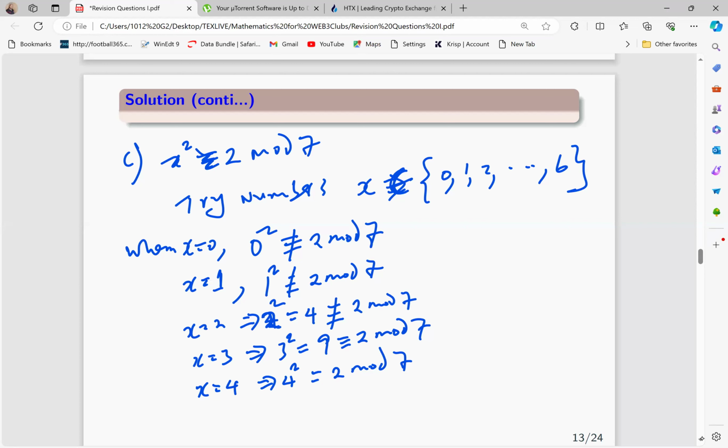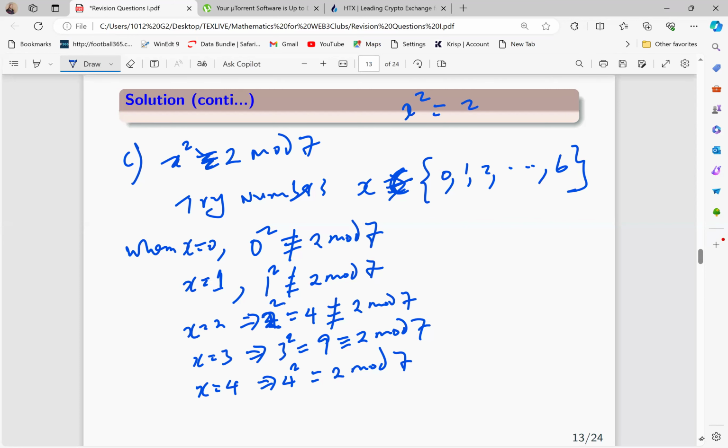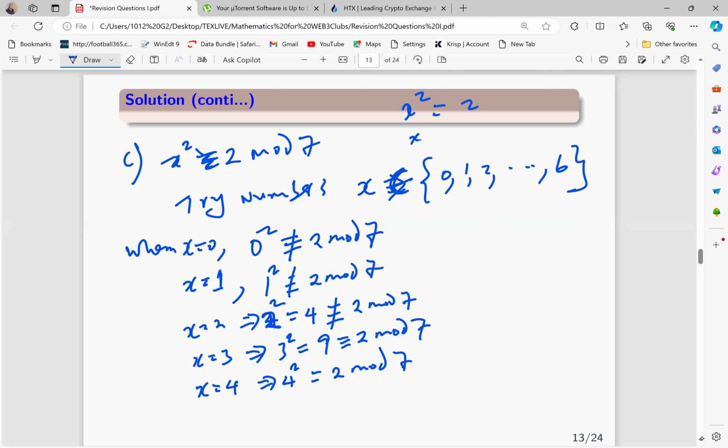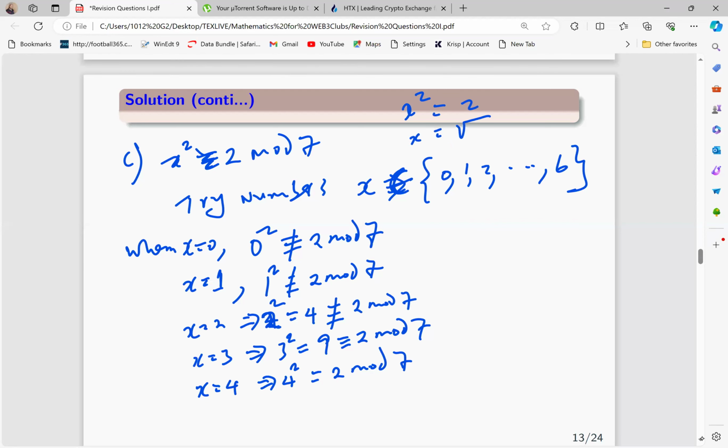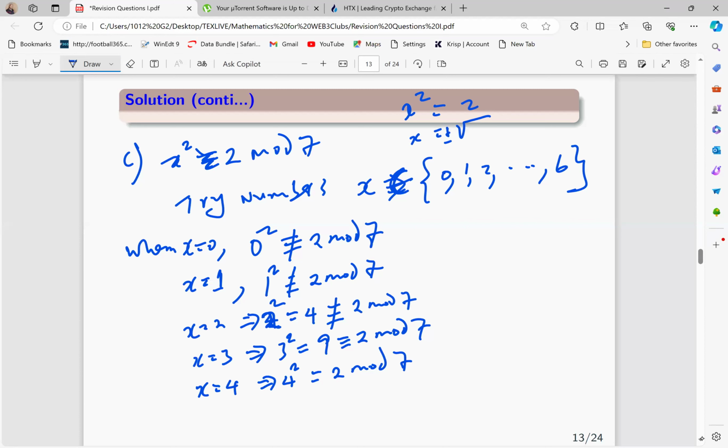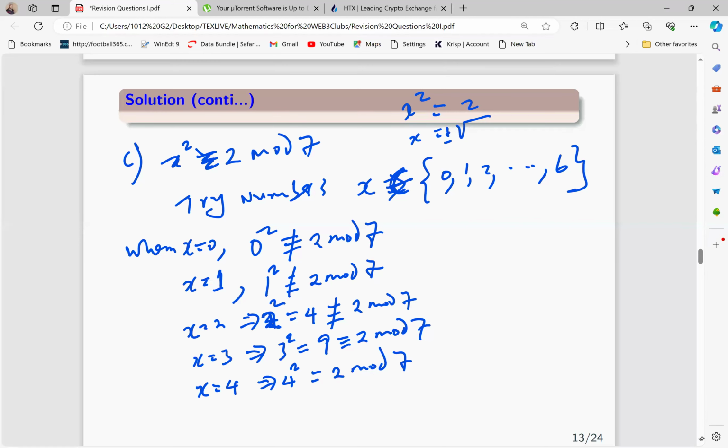Because this is x squared, equal to 2, to get x we take the square root on both sides, and the square root gives you 2 solutions, plus and minus. So these are our 2 solutions. But you can just continue and see what you get.